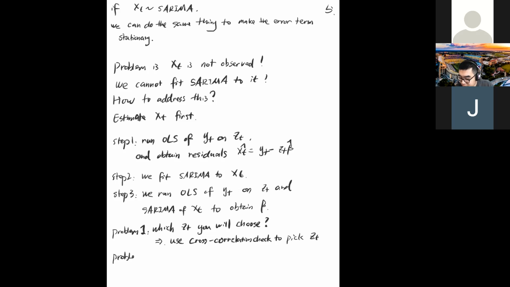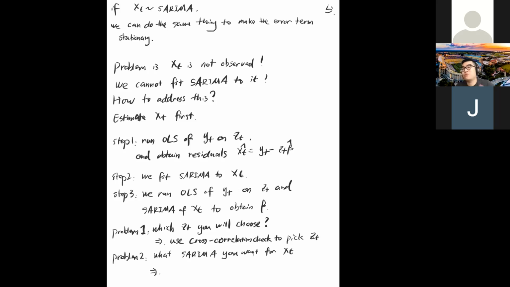And problem number two: what ARIMA model, or what S-ARIMA model, do you want for xt? As I said, in step two, we need to fit an S-ARIMA model to xt. The reason is that we want to make our xt stationary. Then the question is, what S-ARIMA model do you want to use? And the answer is easy.